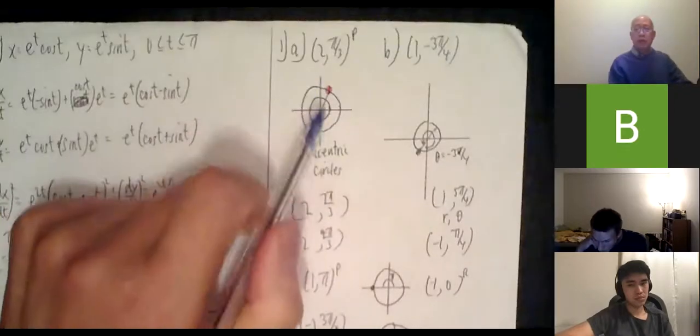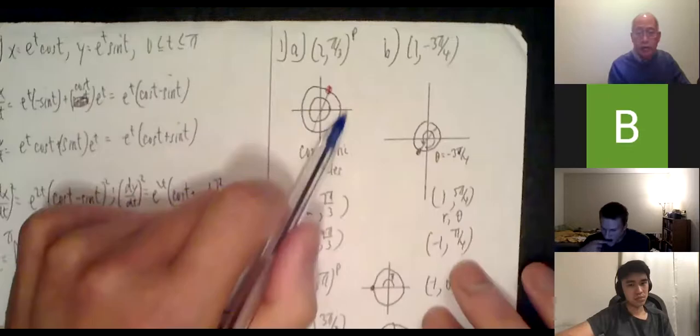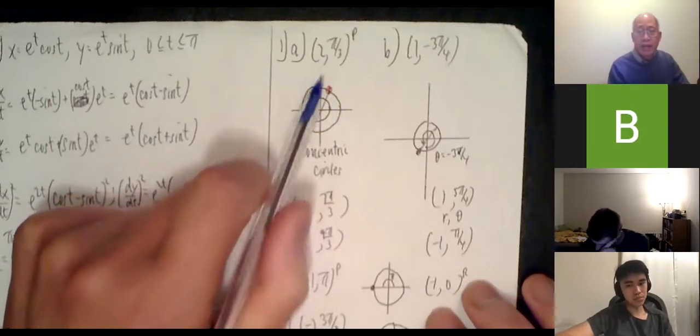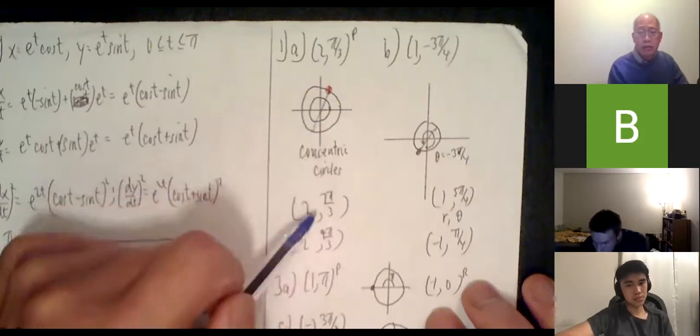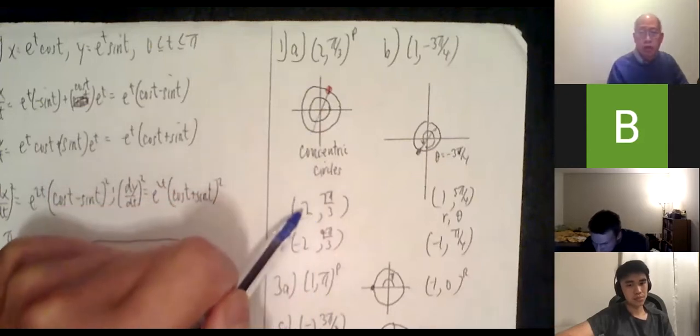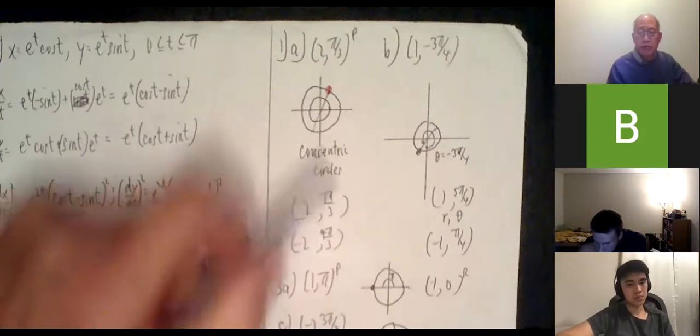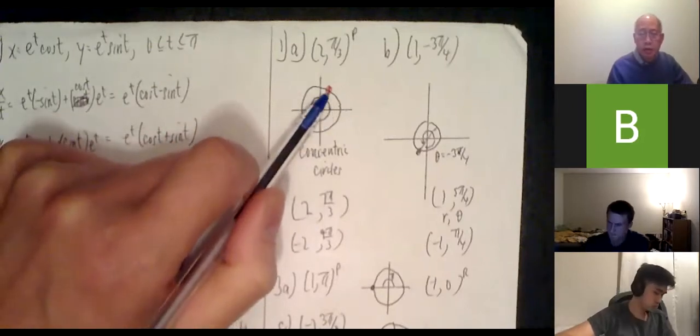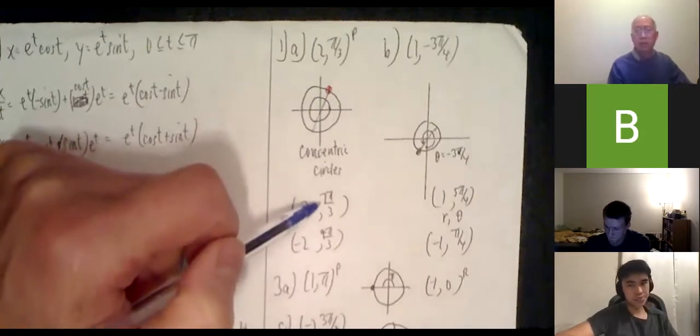All right, so 2 comma 7 pi over 3. I could go around another 360 degrees, or 2 pi. So if I add 2 pi to pi over 3, I have 7 pi over 3. So I could also say 2 comma 7 pi over 3, which is going all the way around the circle once, 2 pi, and then go another pi over 3.